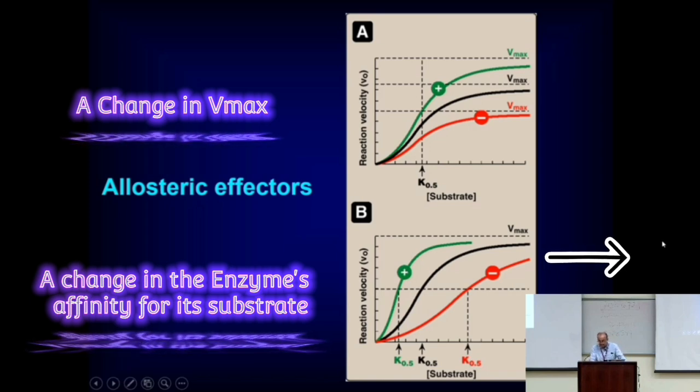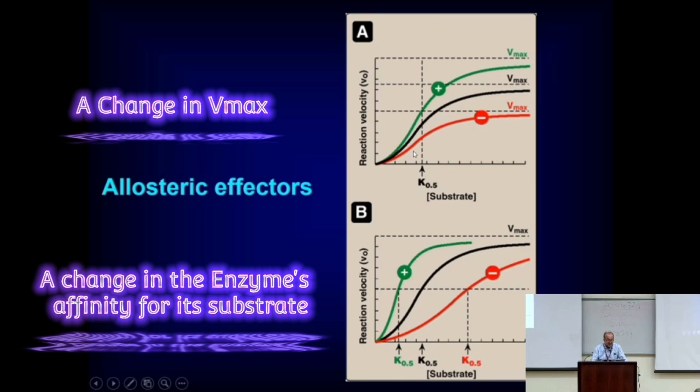So allosteric enzymes can be regulated by either A or B, not together. You can't regulate the same enzyme in both ways. You either change Vmax, like in A, or you change the affinity, if you want, of the enzyme for its substrate by shifting the curve to the left or to the right.